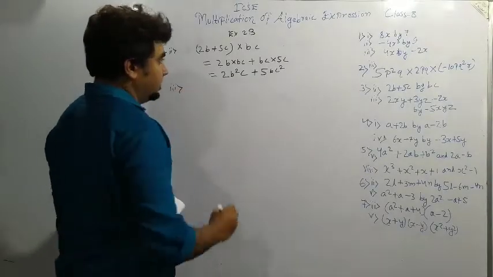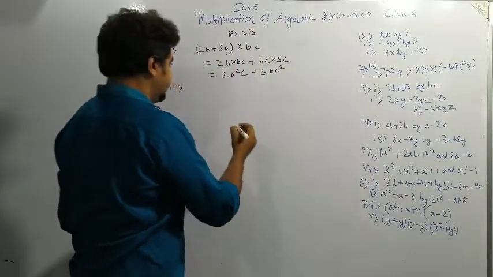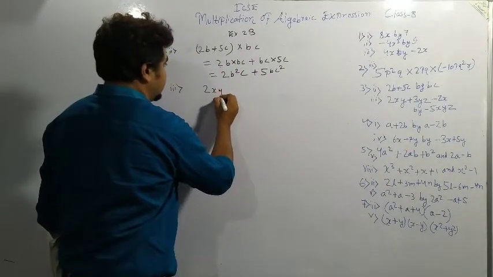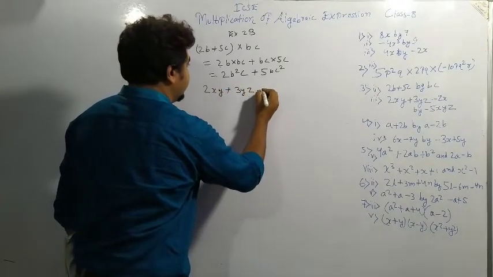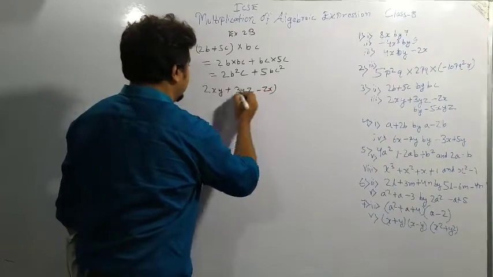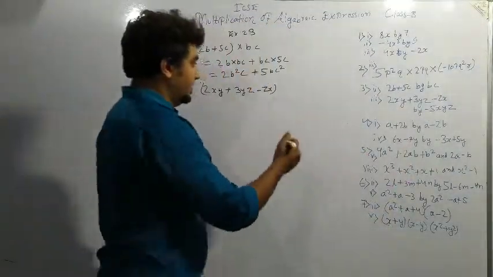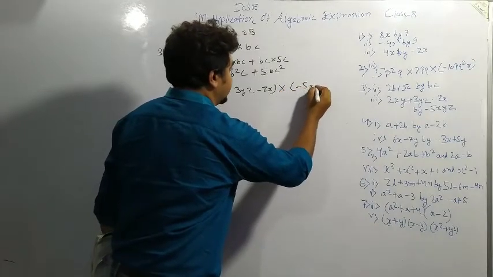So here we are able to see what is given to us: 2xy plus 3yz minus zx. We have to multiply it by minus 5xyz.